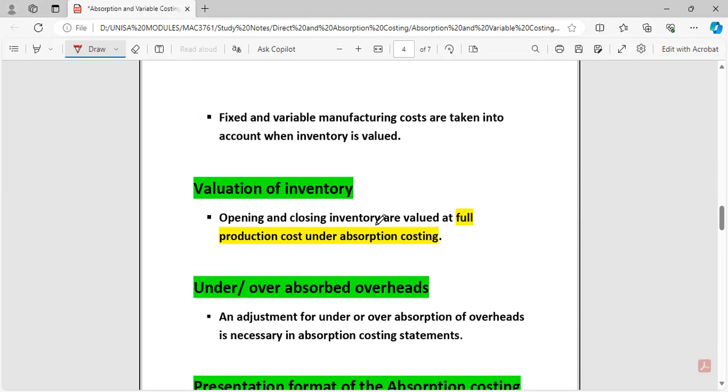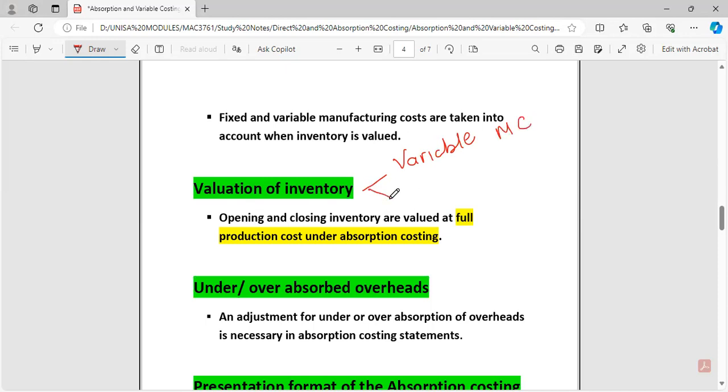Sorry, sir. Right. I was here on valuation of inventory. In valuation of inventory, when we are using direct costing, it means we are going to use the variable manufacturing cost.